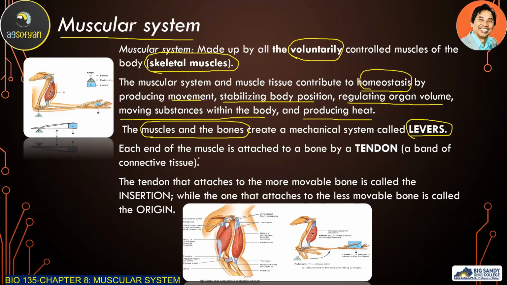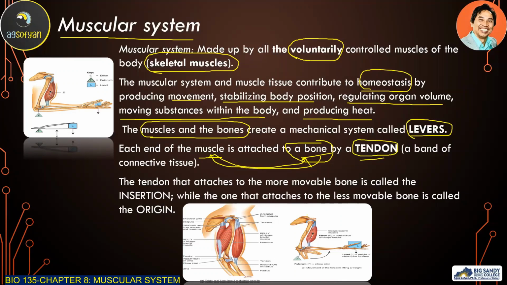Each end of a muscle is attached to bone with a connective tissue called a tendon. A tendon is a band of connective tissue that attaches bone to muscle or muscle to bone.